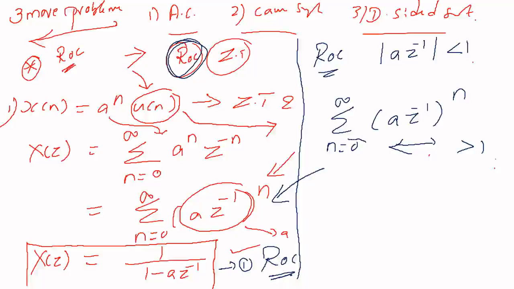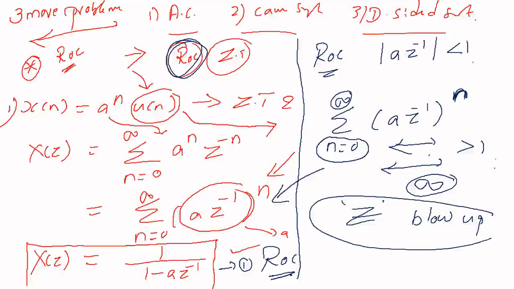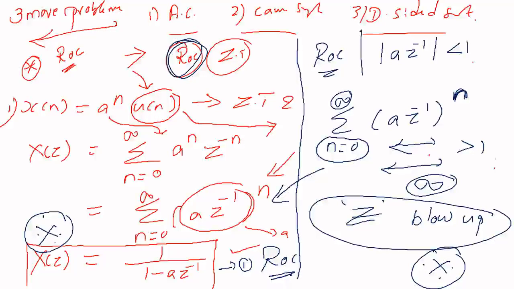When you are counting from 0 to infinity and this is having a power of n, very sure this summation will yield some infinite value. So the z transform is going to blow up. I cannot calculate the z transform, in short. Very important point. That is the reason a z inverse should be lesser than 1 for this equation to converge, and that's the reason the ROC is this one.